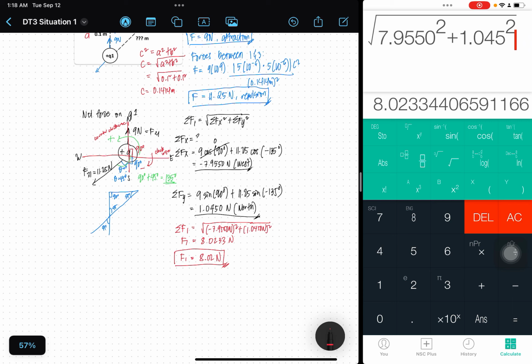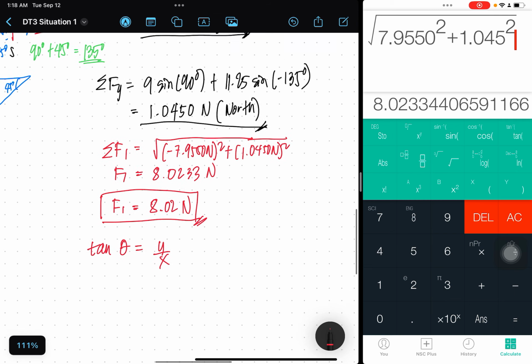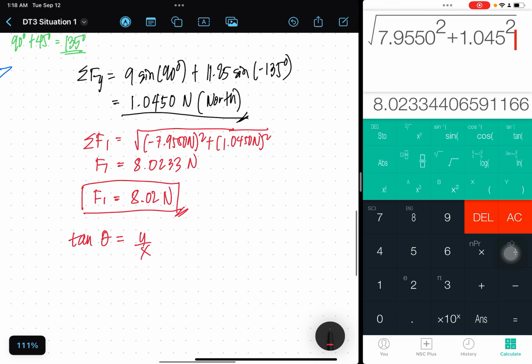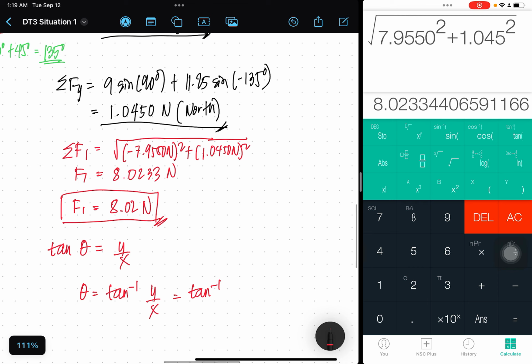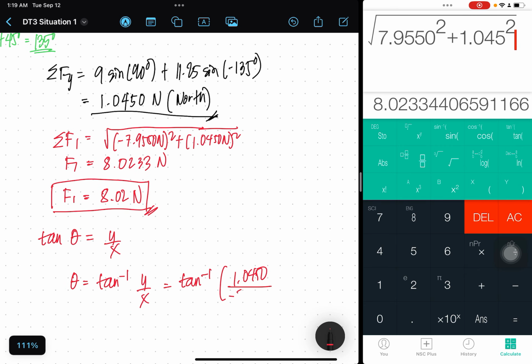So, let's compute. If we can recall, tangent theta is equal to y over x, or the value of forces along y and forces along x. So, theta will become tan inverse of y over x, or equal kay tan inverse y is 1.0450 divided by x is negative 7.9550.